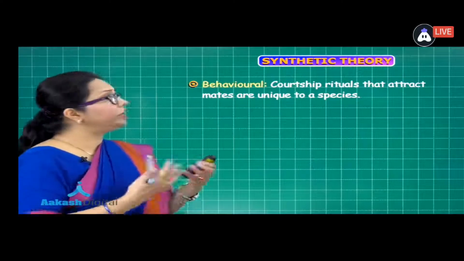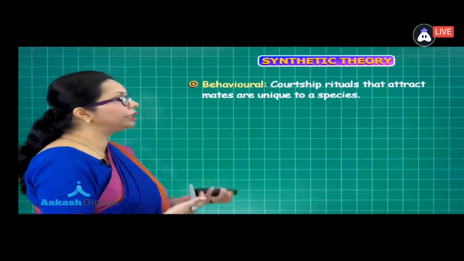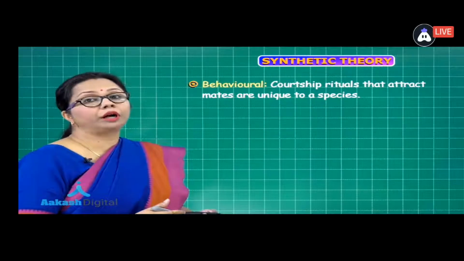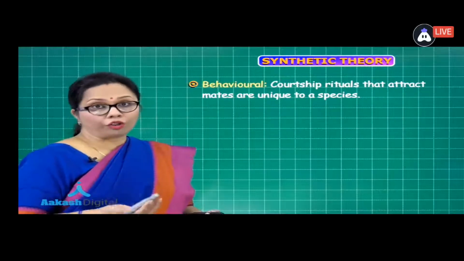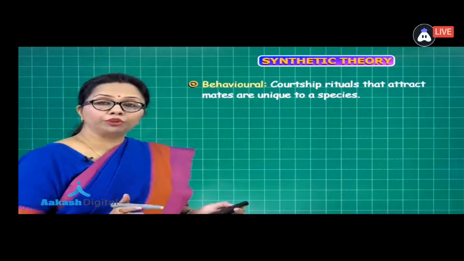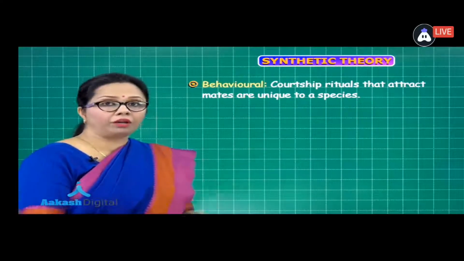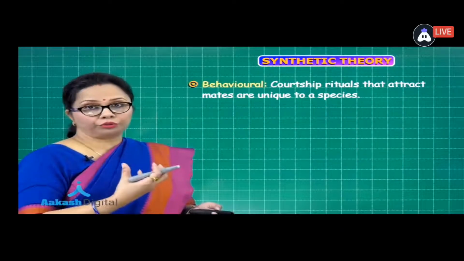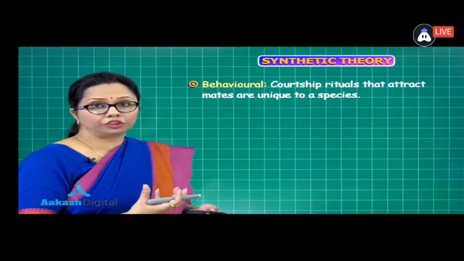So there are very intricate courtship rituals among organisms of various species which are unique for them. So the mate from that species only would be attracted to that species. Like among frogs, their breeding season is same, that is rainy season, and it has been observed that 3 different species of frog might be going in the same area, in the same pond, but the sound that they produce, the male frog from its vocal sac produces a sound to attract its mate.